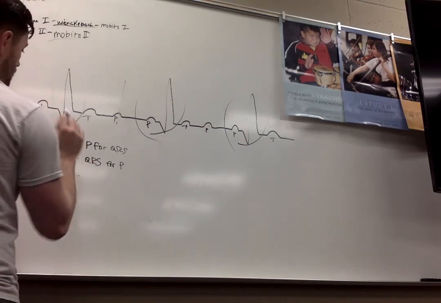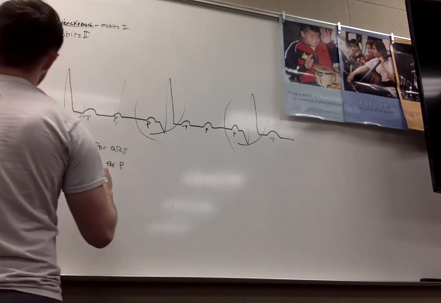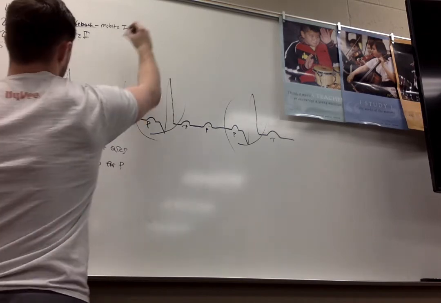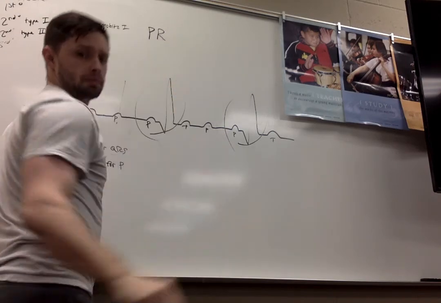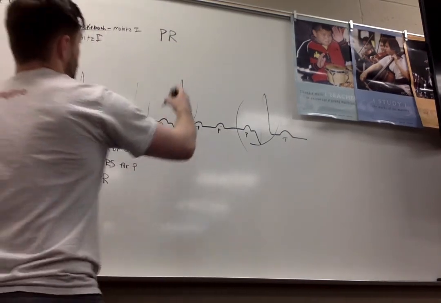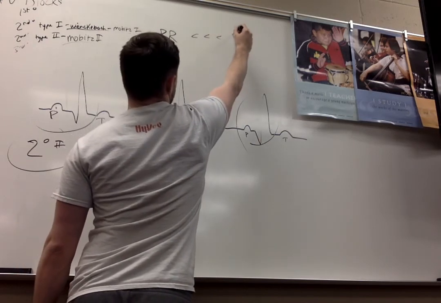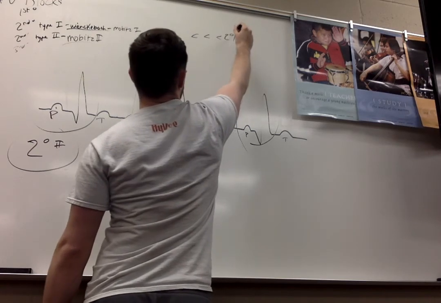Okay, so what's important for the second degree type 2 is your PR. And PR, I think, is the most important aspect of all of this. Because if it elongates, what is that? Type 1. Second degree type 1.